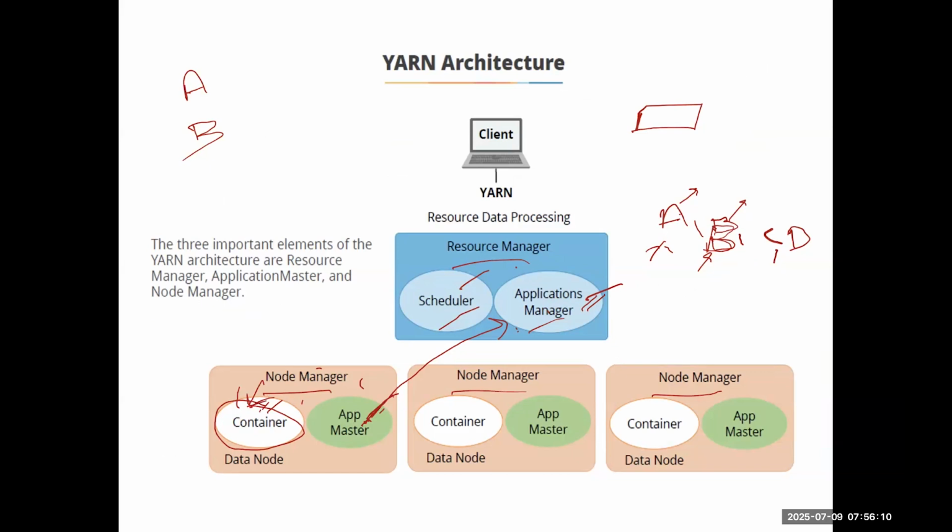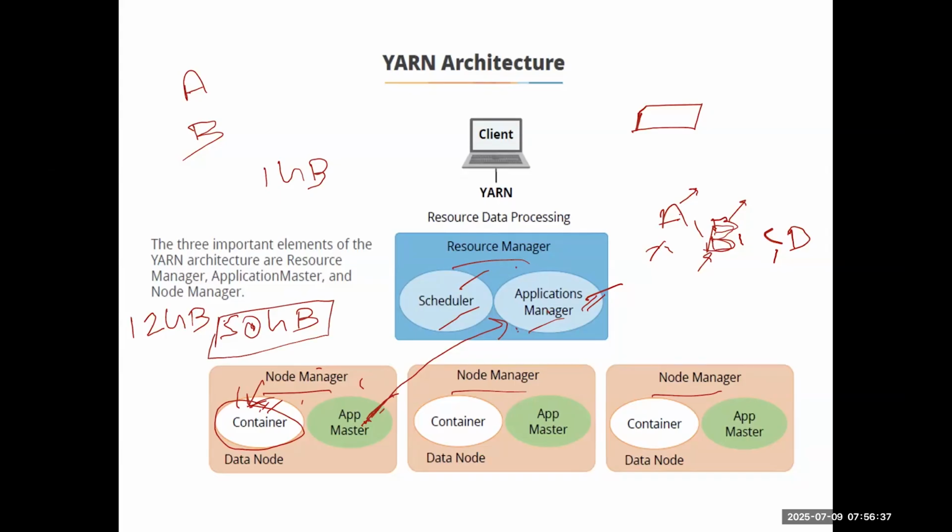So the node manager will have resources, like let's suppose 50 GB RAM, 50 GB disk capacity, and 12 GB RAM. So from this, maybe your job is of 1 GB. Maybe you need just 1 GB RAM and 2 GB of hard disk space. Let's just assume that you need those things.